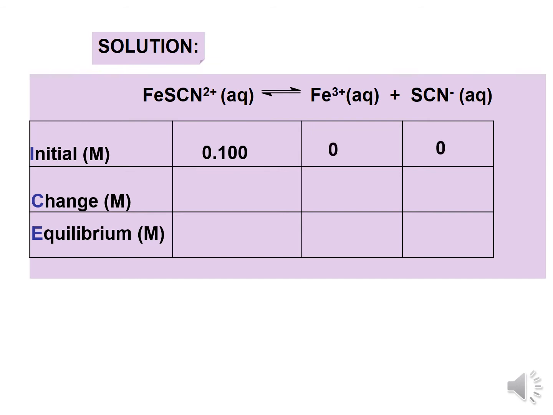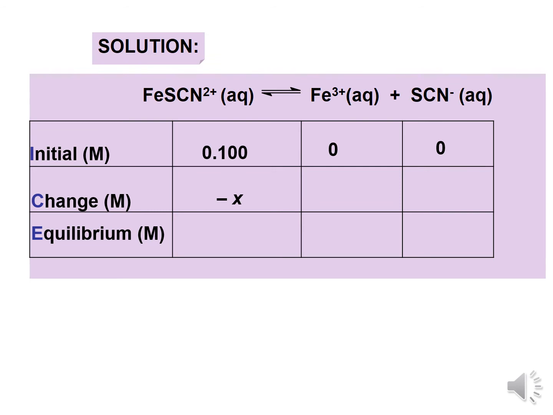Next, we express the change of concentration in x based on the stoichiometry coefficient. For iron thiocyanate ion, the change is minus 1x because concentration of reactant decreases as the reaction proceeds.